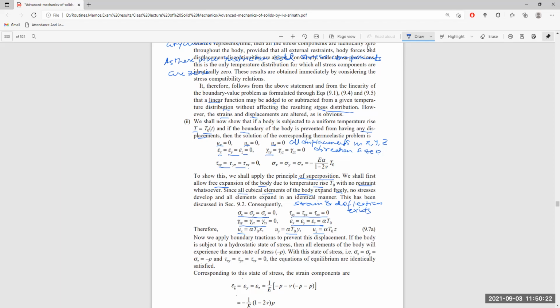That's why the stress is written as minus P itself. Stress is the same in all directions and compressive in nature.